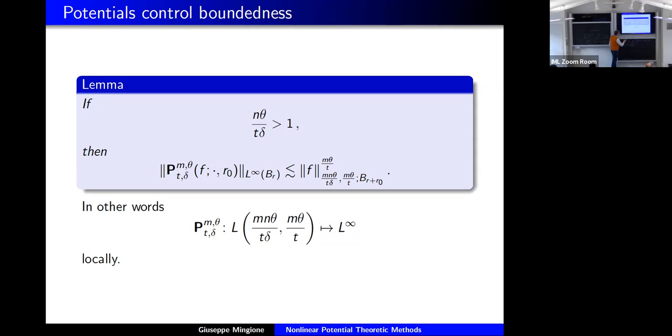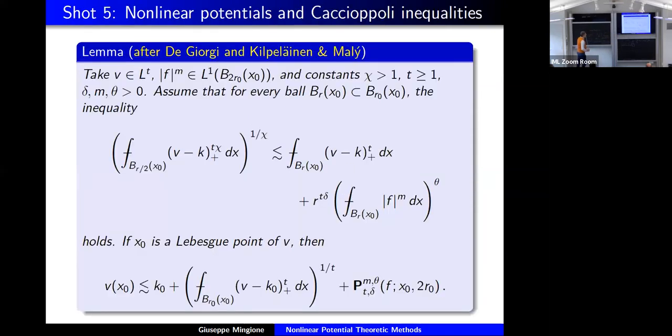So this is just a mapping property telling you that this operator acts exactly like this. So the idea is that you get f when f is in this Lorentz space, and this is bounded. This is an extension of Kilpeläinen and Malý, the De Giorgi iteration version.